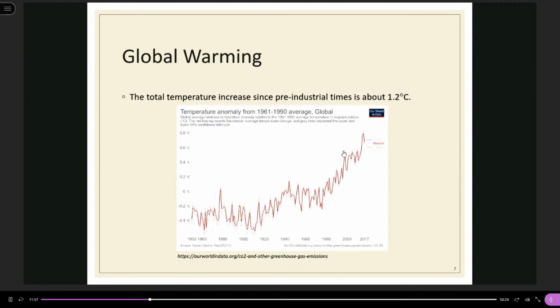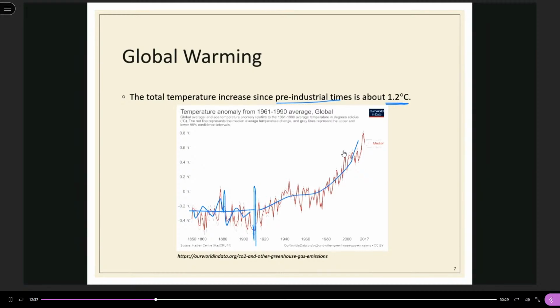Total temperature increased by how much? 1.2 degrees since pre-industrial times. Before the year 1900, we had a not too high air temperature, a stable air temperature, but after the industrial revolution, the air temperature is getting higher and higher.